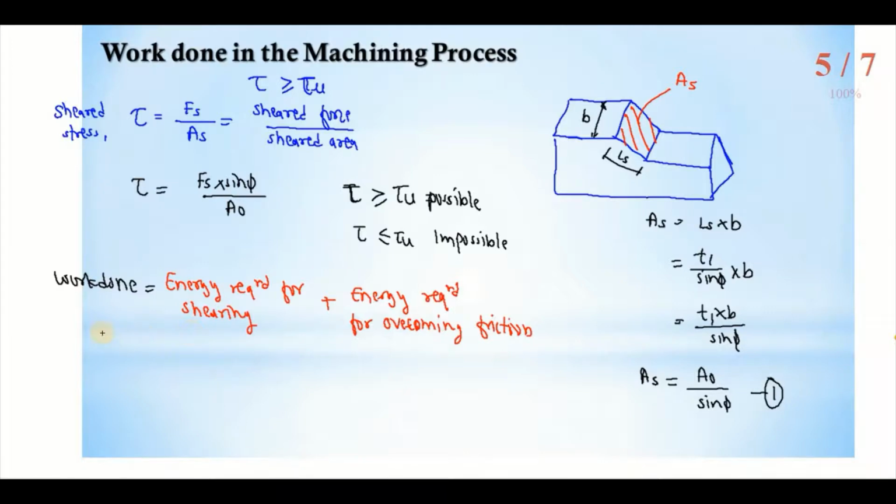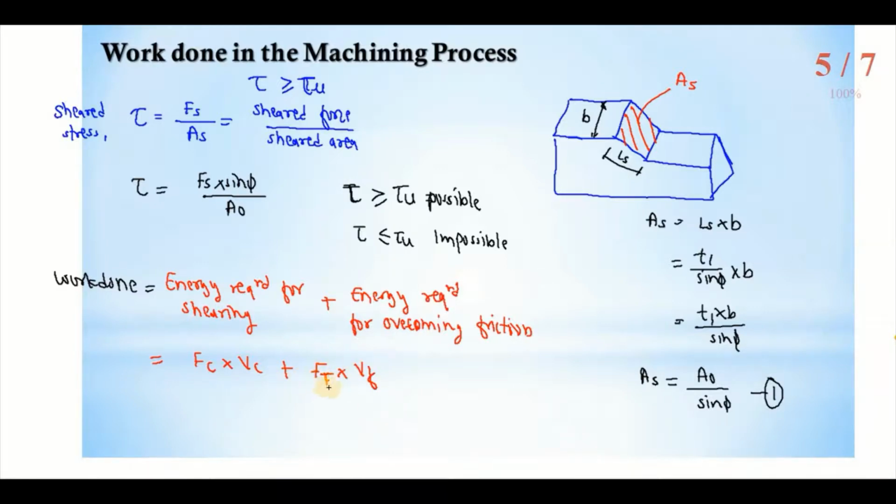So by adding these two, we get the work done. The energy required for shearing is given by Fc into Vc, and the energy required for overcoming friction is given by Ft into Vf, where Vf is the flow velocity.